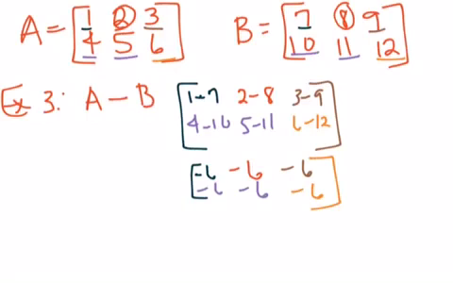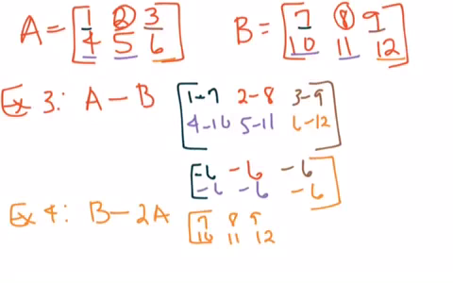But you could also be asked to do B minus 2A. So that means we're going to have B, which is 7, 8, 9, 10, 11, 12.